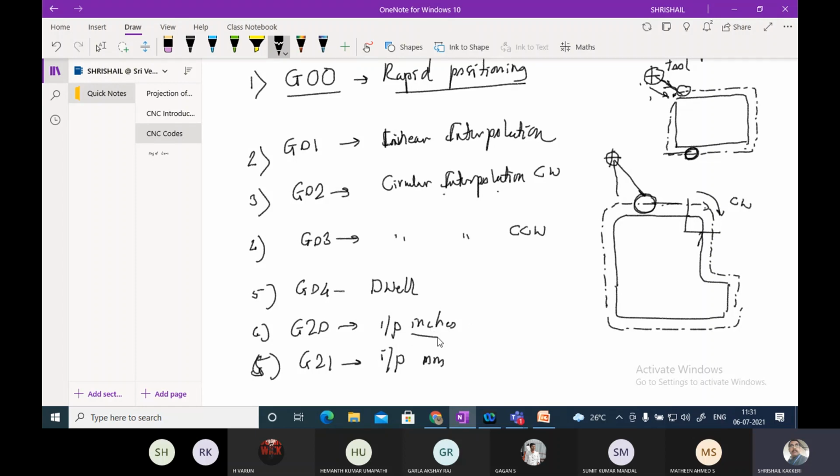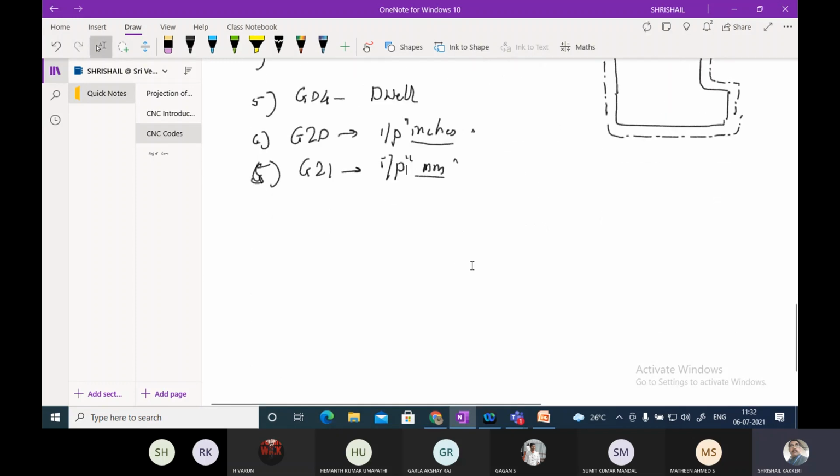So the CNC machine can be run in mm or you can run in inches. So by using G20 and G21, we can program the input in terms of mm or input in terms of inches. Okay, if it is given 20, it will be understood that it is 20 mm if you have taken in terms of mm. Everywhere it's not required to write the mm.